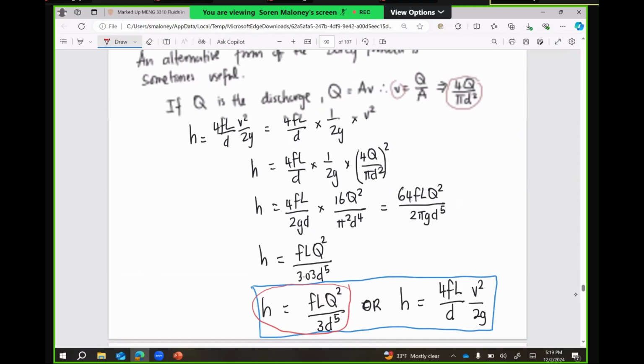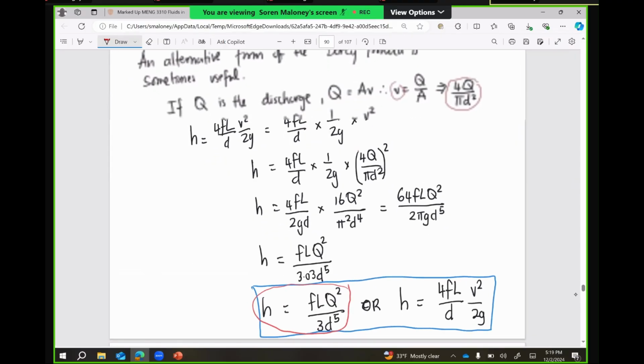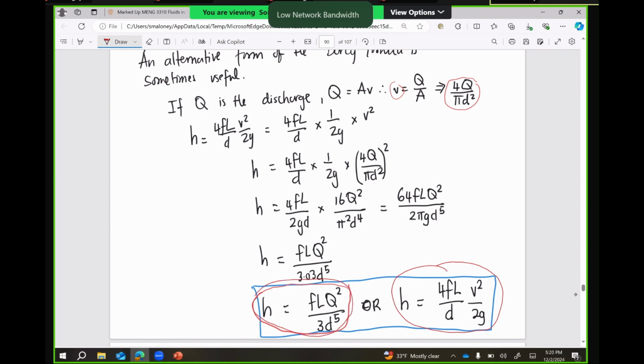So I can write my frictional loss inside of a pipe either in this format or in this format, right? Your FLQ squared on 3d to the 5th, right? Or we can write it in this format.